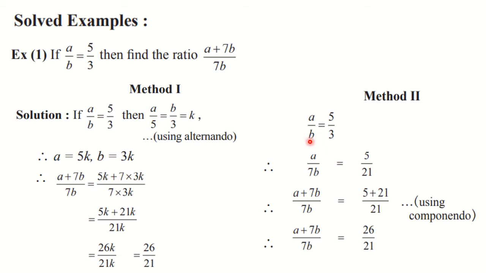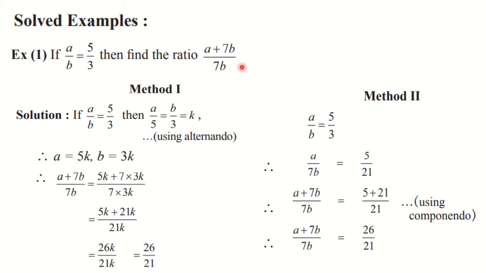So when we are multiplying, we have to multiply both the sides, left hand side as well as right hand side. So this will become a upon 7b is equal to 5 upon 21, because here also we are multiplying by 7 and here also we are multiplying by 7. So 3 7s are 21.